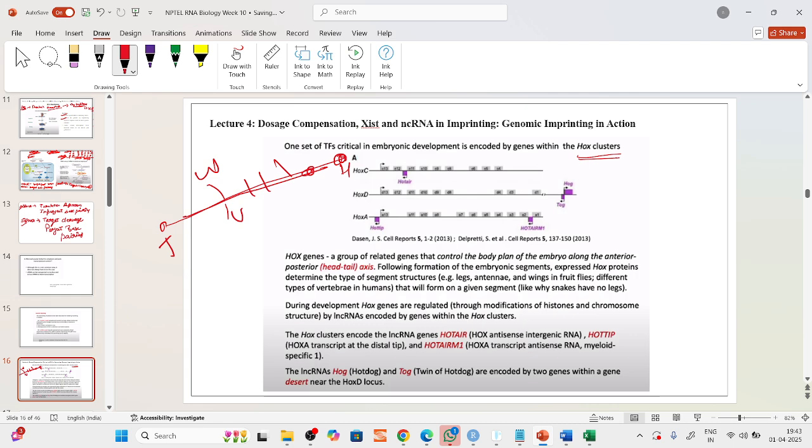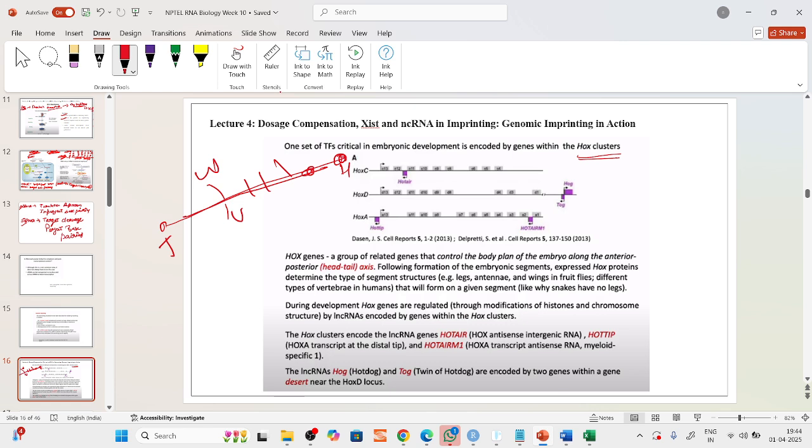So Hox genes are very important because they decide the whole way in which the organism will look. Where will be the head? Where will be the wings? Where will be the tails? Where will be the antennas? Everything is decided. So if there is any problem in a Hox gene, what will happen? There will be malformations. In the place of head, there can be tail. In the place of tail, there can be head. So a malformed body would be caused if there is any mutation in the Hox gene.